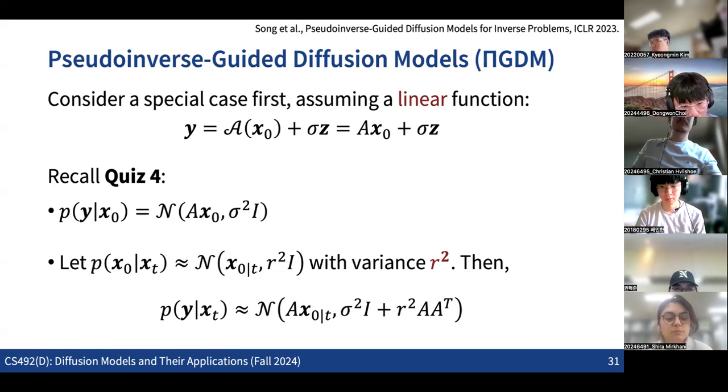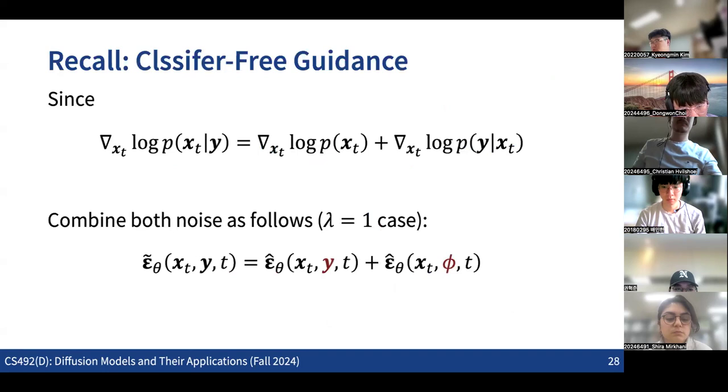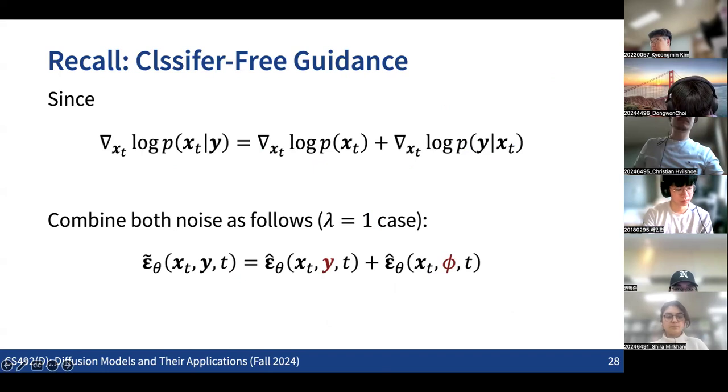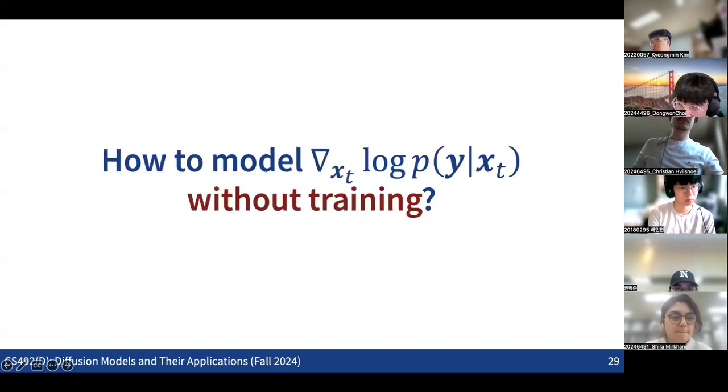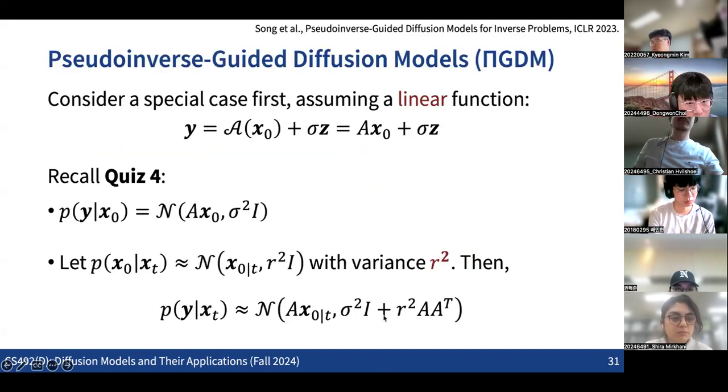Then as we have seen in the previous slide, what we basically need is the score function of y given xt. Since we can now model the distribution of y given xt, it's just a matter of computing the gradient of the log of this probability.